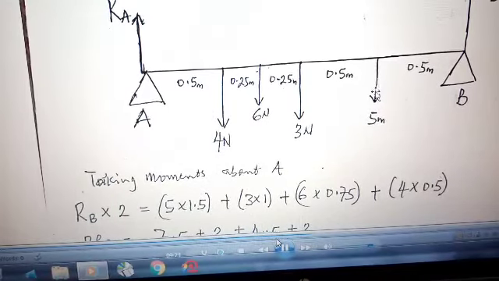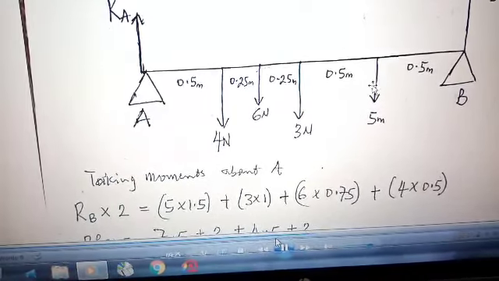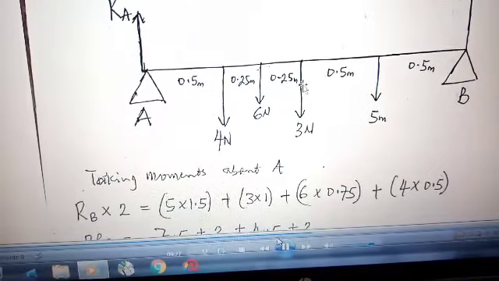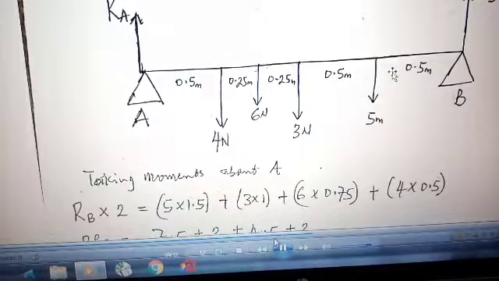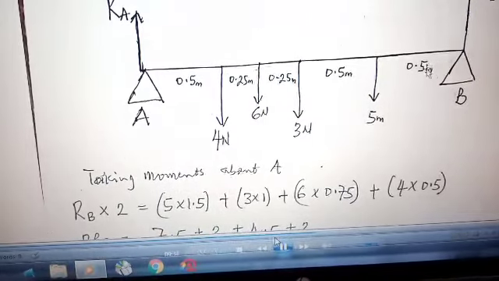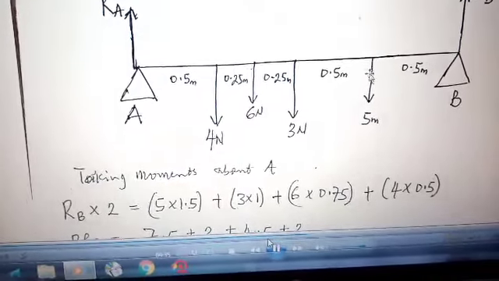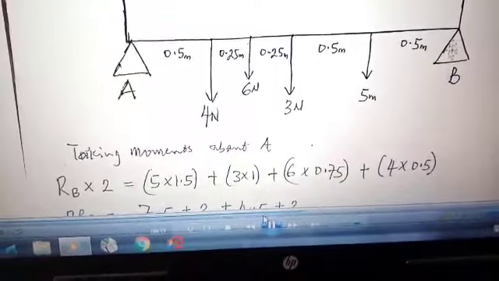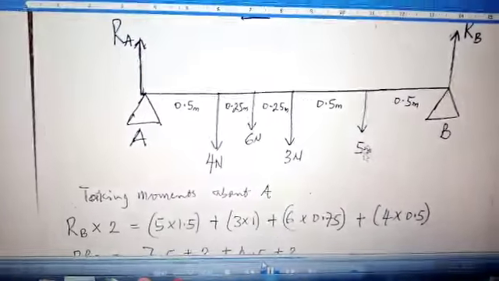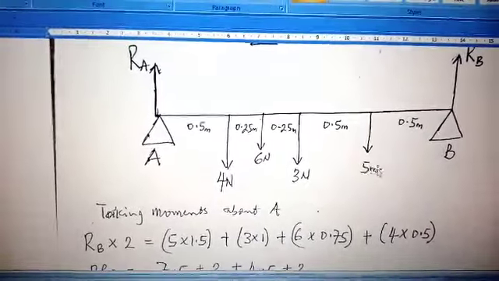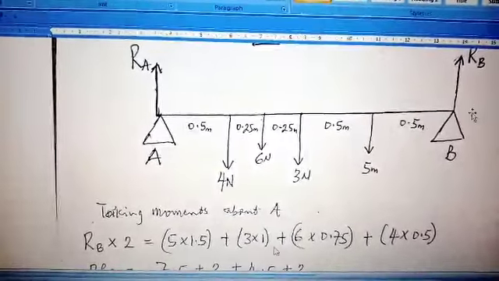Of course, from this A down to this place is 1.5 meters. So the remaining length is 0.5 meters, which is the distance between this 5 newton and B. Please, this is 5 newton. This should be N, not M. Correct that. So this is the diagram.